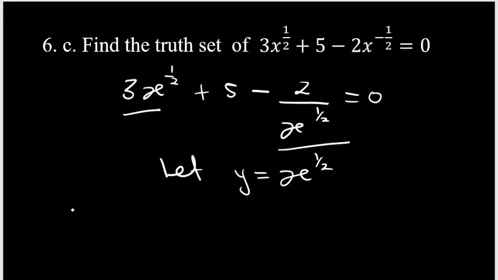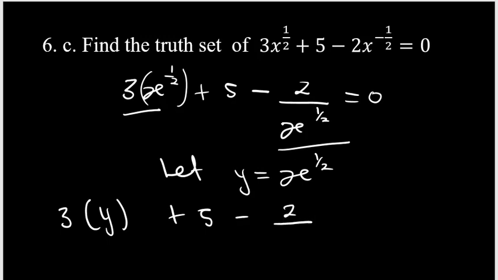So for the first term, we have 3y, plus 5 minus 2 over y, because we have 2 over x^(1/2), and that is what we are representing by y. Now this is equal to 0.